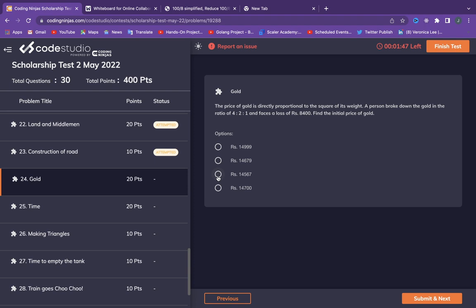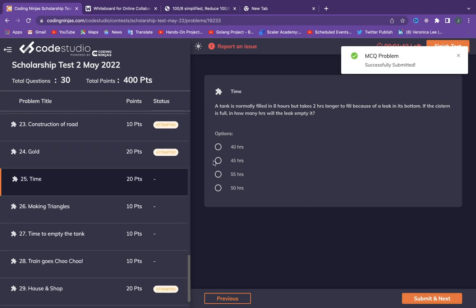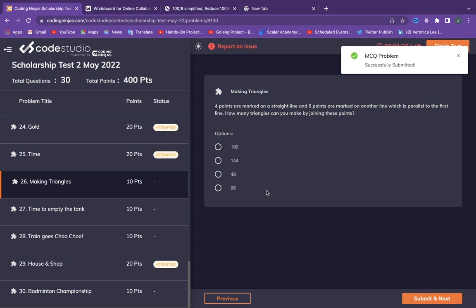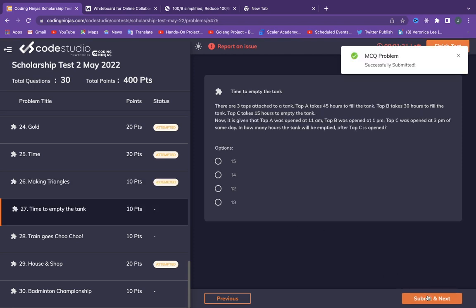Price of gold is likely question of the square of its height. I don't know. On the waves comes down.